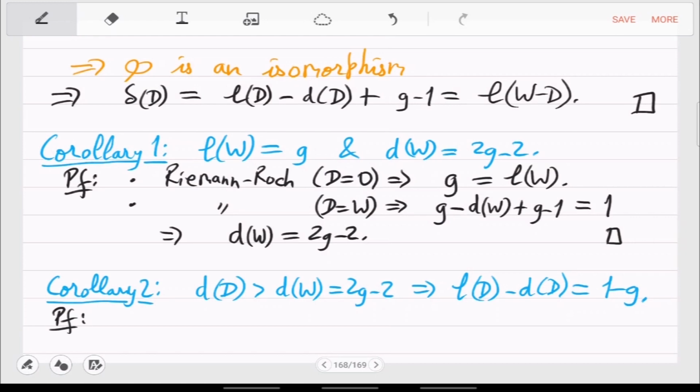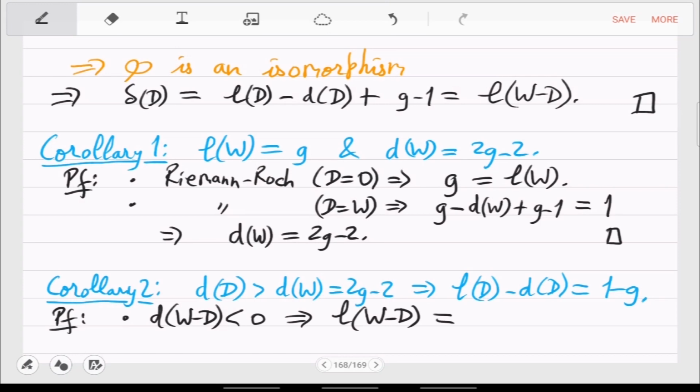The proof of this is simply that since your divisor has a higher degree than W, so W minus D becomes negative degree.